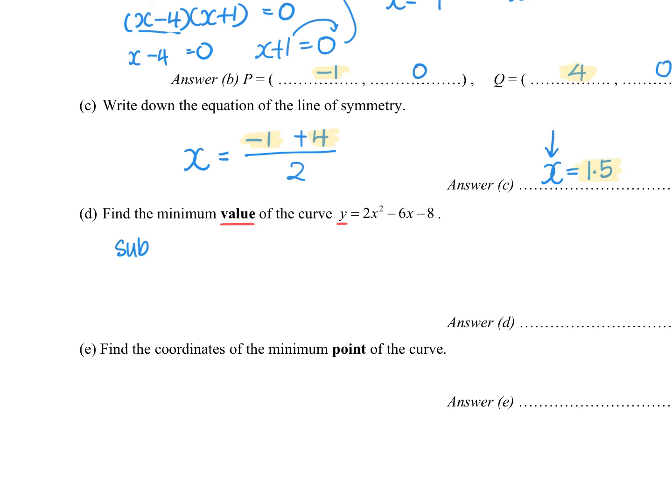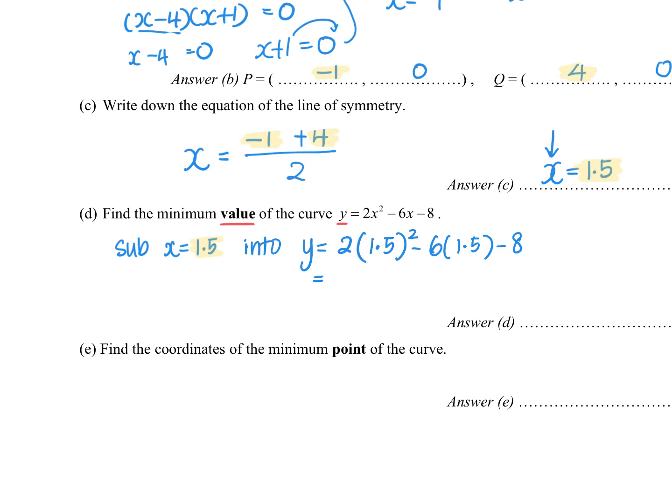So we sub x equals to the number 1.5 into my curve, y equals to 2 times x squared minus 6x minus 8. And my x value is the number 1.5. Okay, let me calculate what this value is.